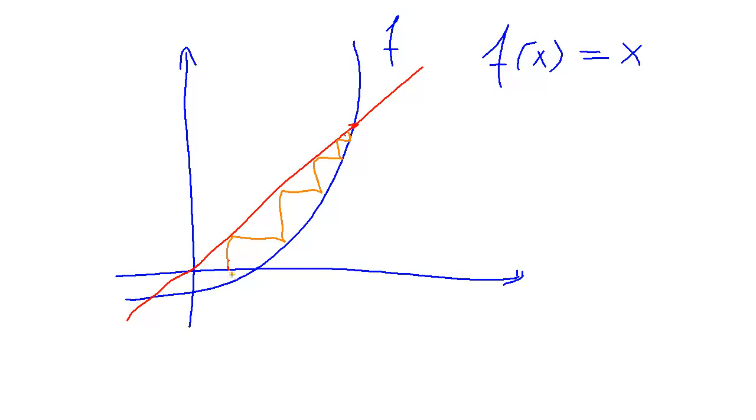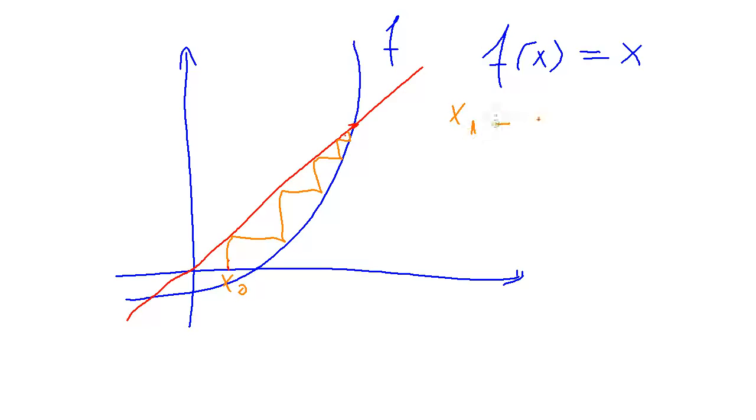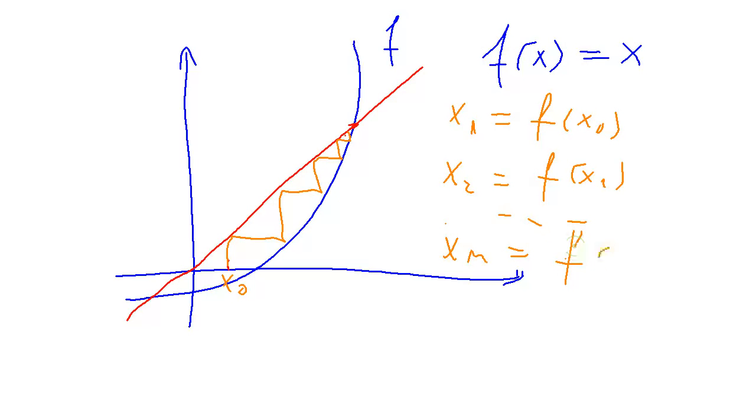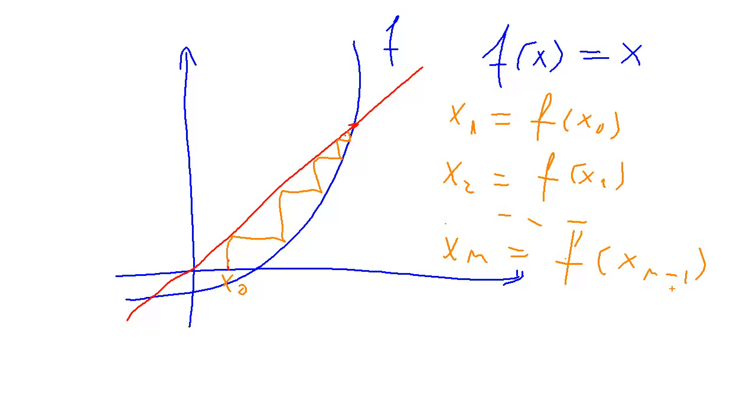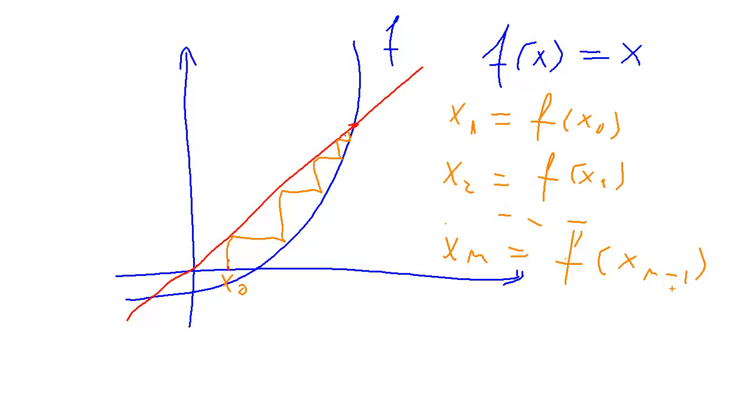You start from a point x0, which you pick, typically at random, and then x1 equals f(x0), x2 equals f(x1), and so on and so forth. Xn is defined as f of x(n-1). So it's a very simple iterative process that will take you as close to the solution as you want.